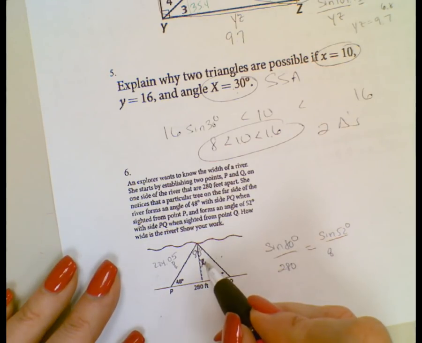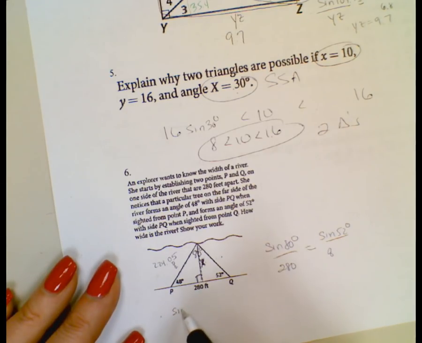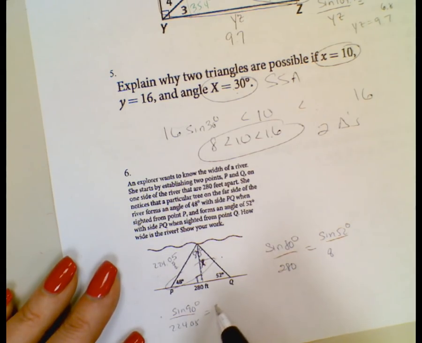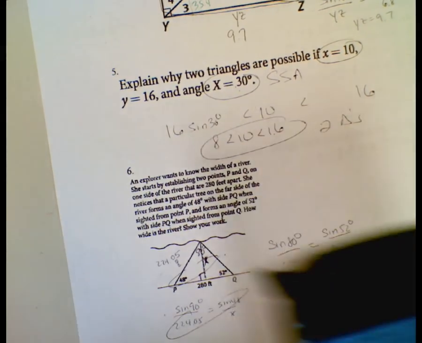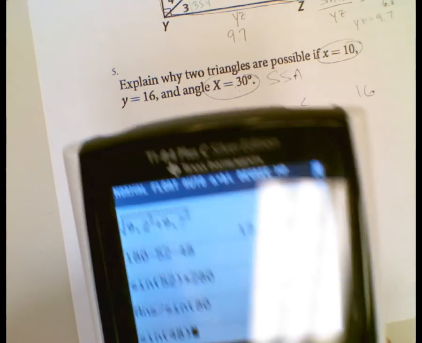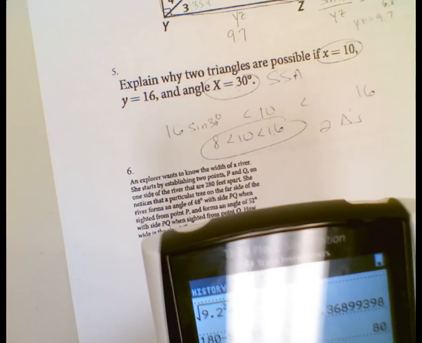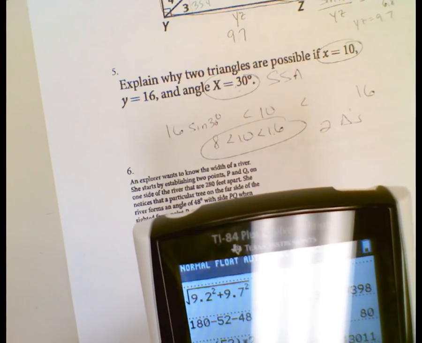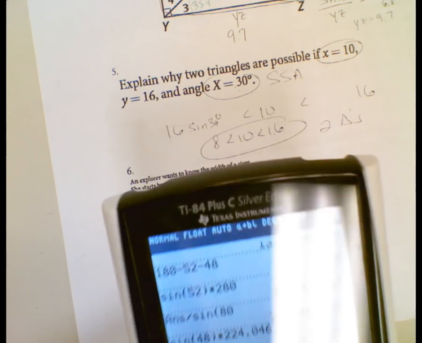And then we're going to find X. So to find X, remember this is 90, right? So you can say sine of 90 over 224.05 is equal to sine 48 over x. So sine 48 times all of this equals this divided by sine 90, which is just dividing by 1.